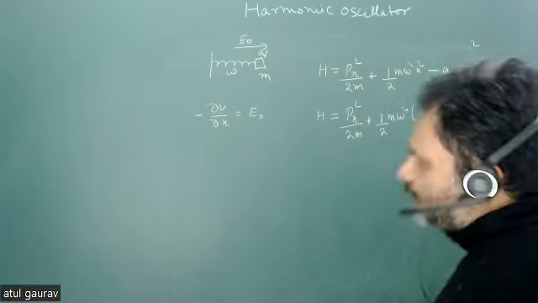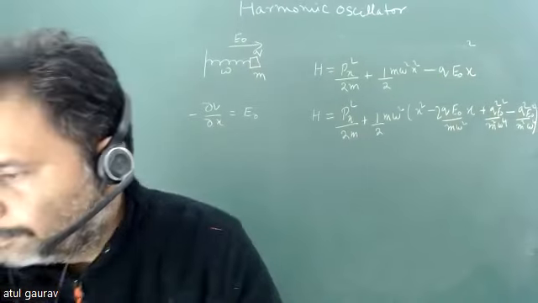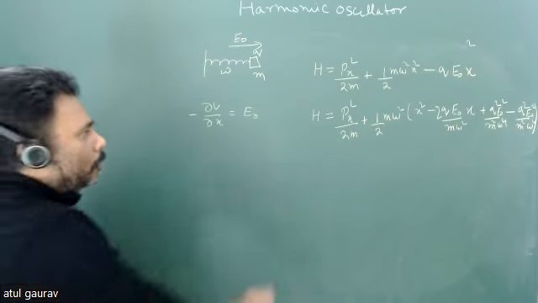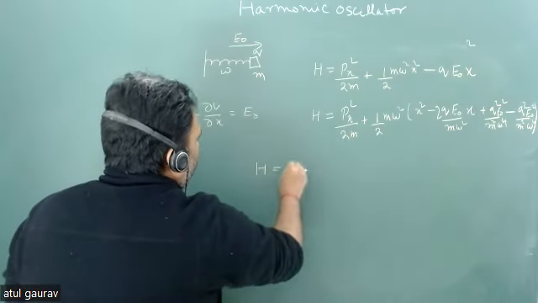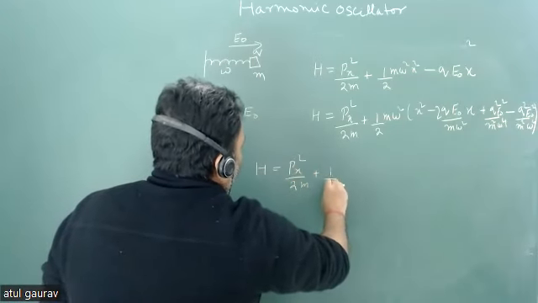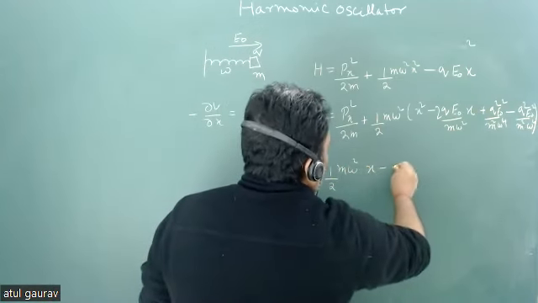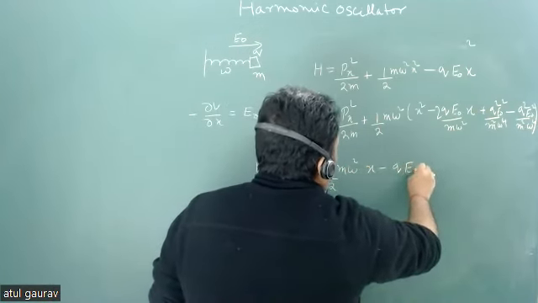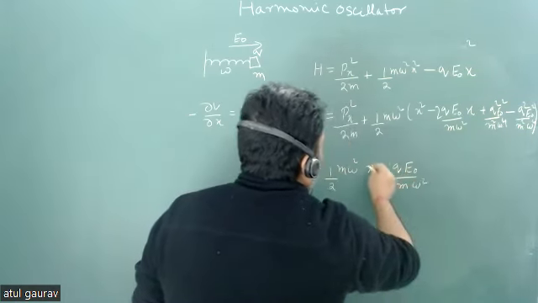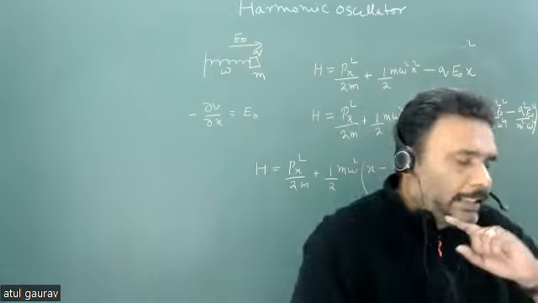है ना? लिख सकते हैं या नहीं? Yes, sir. Yes. So your Hamiltonian can be written as px square upon 2m plus half m omega square, and this is x minus q E naught upon m omega square, whole square, and you have one constant term.